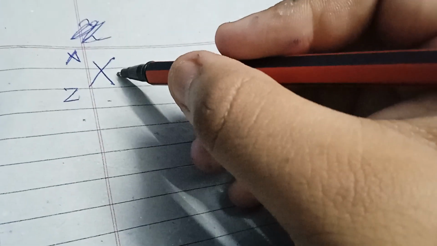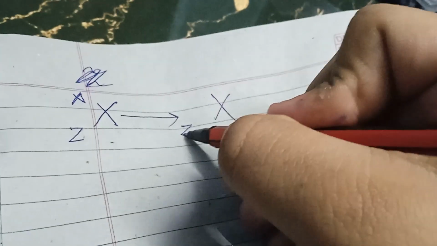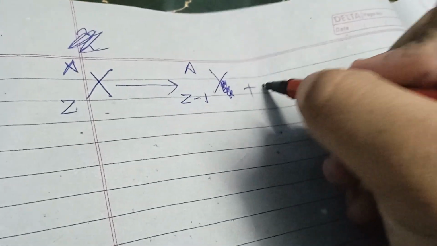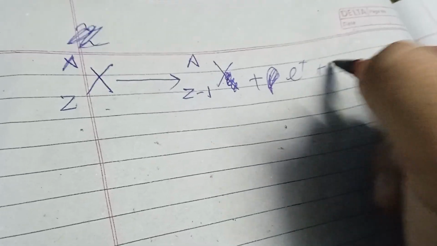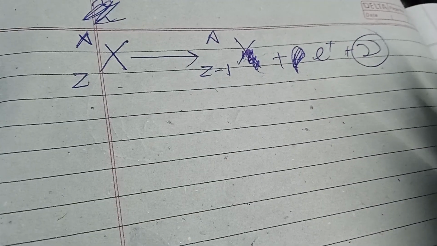Let's come to beta plus. So in beta plus, X with Z and A gets converted to Y with Z minus 1 and A, plus a positron plus a neutrino, which anyways we don't want, nothing to do with it.